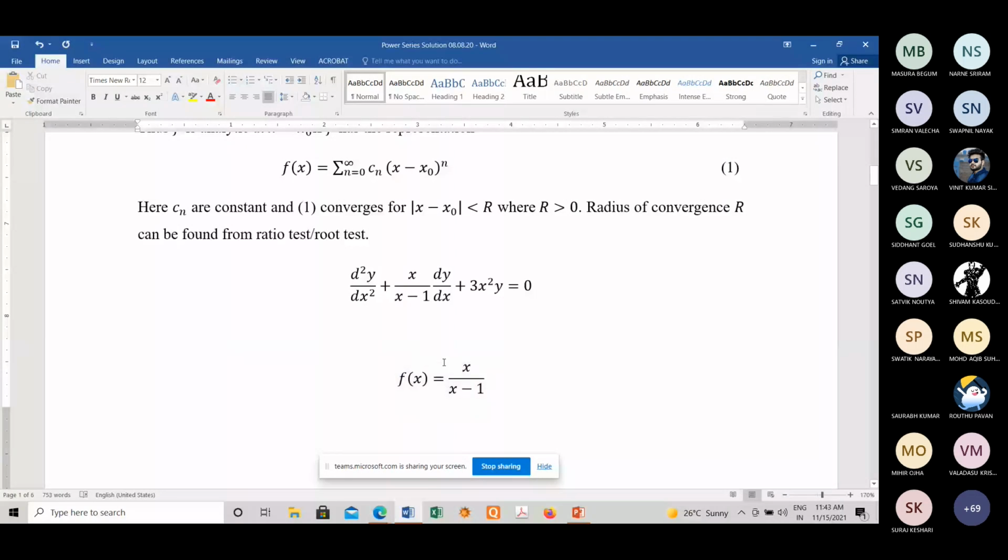So although we can expand this in terms of a power series, that power series will not converge at x equal to 1. So this function is analytic everywhere except x equal to 1. Everyone got the point? Any question, you may ask, please. Anyone have any question regarding the analyticity of the function?